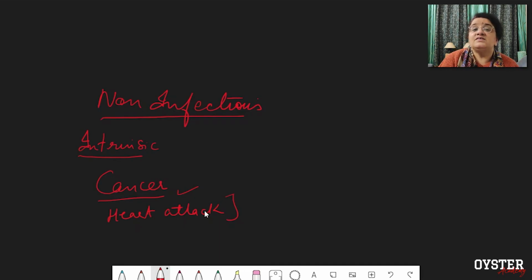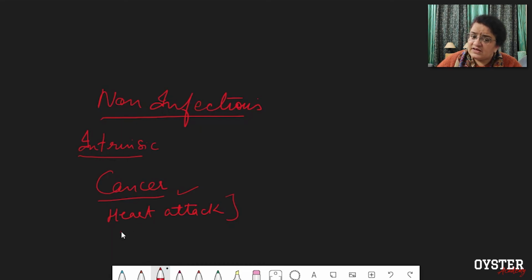There is a blockage in some arteries, and ultimately the patient gets this disease. So the cause of this heart attack is an internal factor, not an external factor. Similarly, it cannot be communicated from a person who has a heart attack to another person. So it's a non-infectious and non-communicable disease.